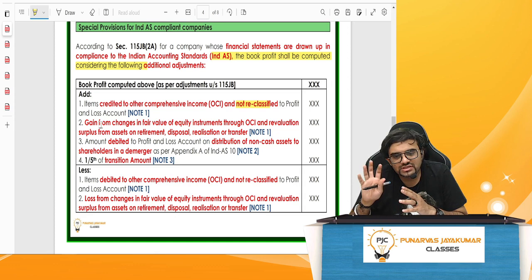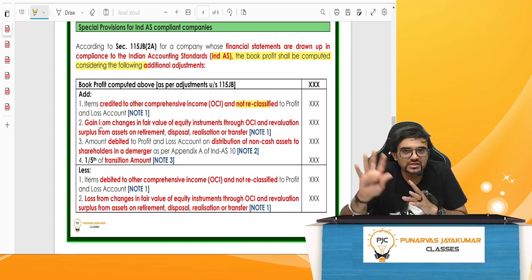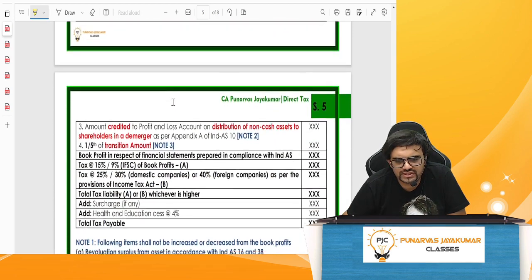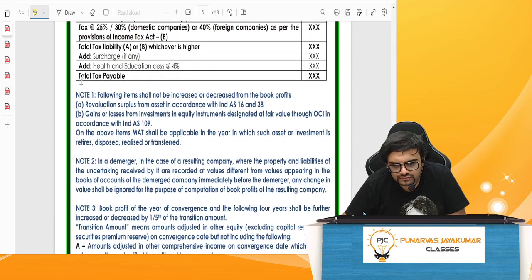So items credited to OCI, if not reclassified into the P&L account, in that case I should add it here to clean the P&L account, so it should be in sync with Ind AS. That's what this particular thing says. The following items shall not be increased or decreased from the book profits. That is the first one. Now, these two are important, guys.